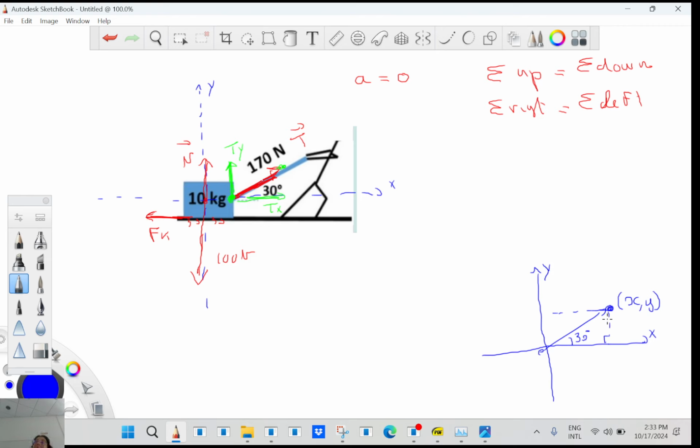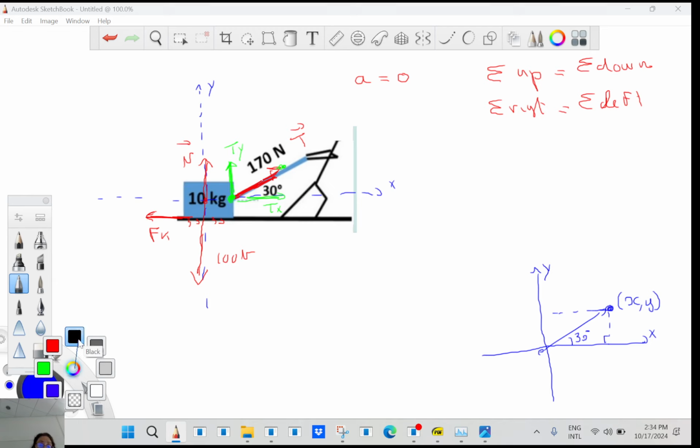Are you using cosine? Are you using sine? So if you don't use the polar graph, it's easier, but the cosine does not always have to be x, and the sine does not always have to be y. Y doesn't have to be sine and x doesn't have to be cosine if you are using geometry. Agree?